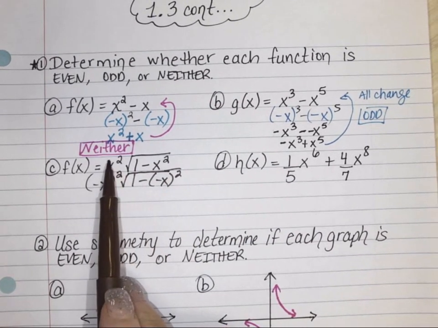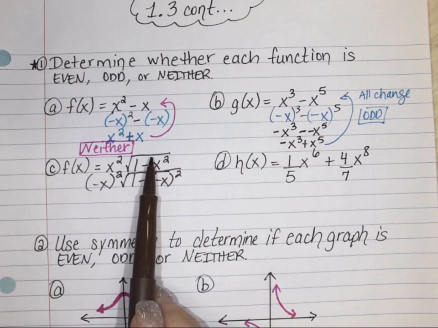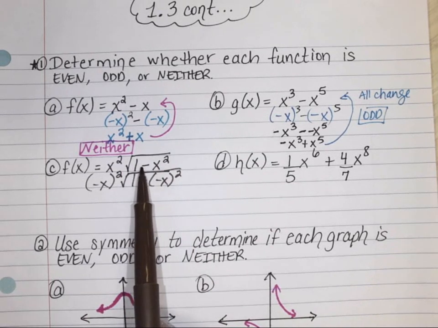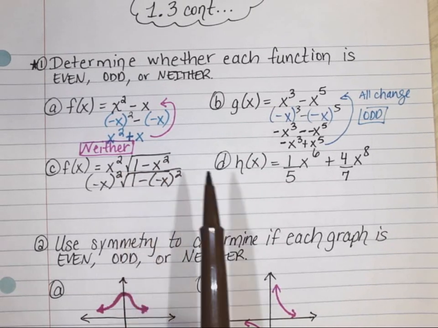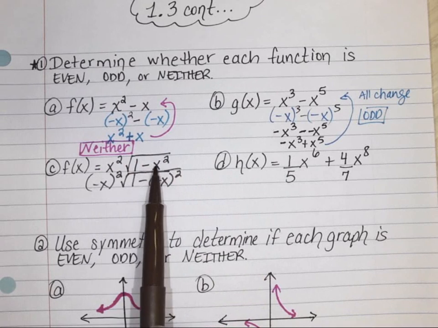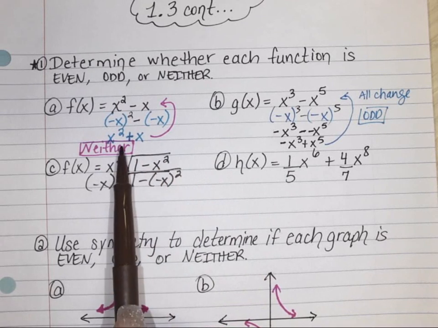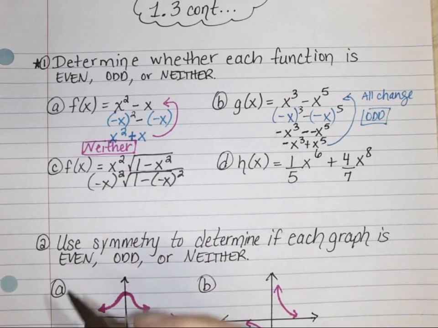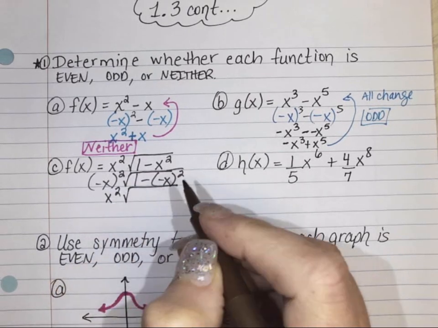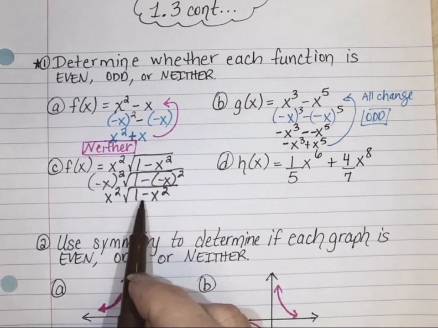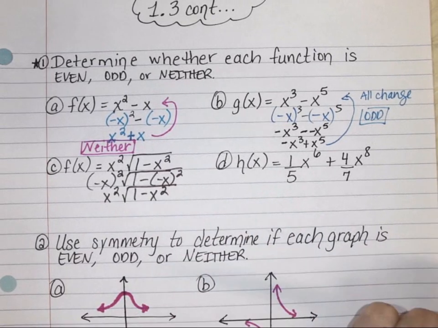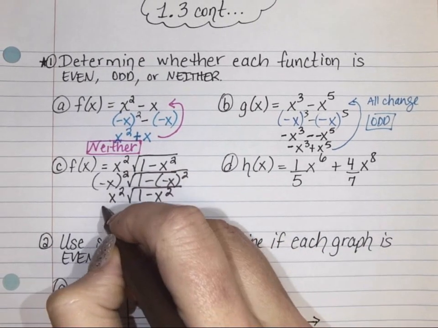You actually consider this to be one term because it's all multiplied together, even though you have minus underneath the radical, but this is still only one term. So if this outer part stays the same, it's actually even. If this outer part changed, it would actually be odd. This stays the same. It actually does stay the same underneath, but let's say that this changed, but that part stayed the same. It would still be even.